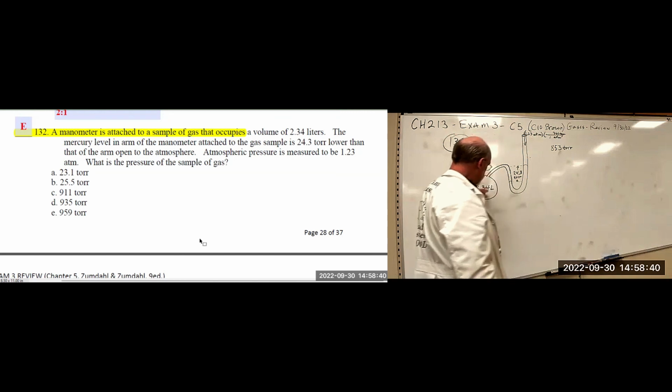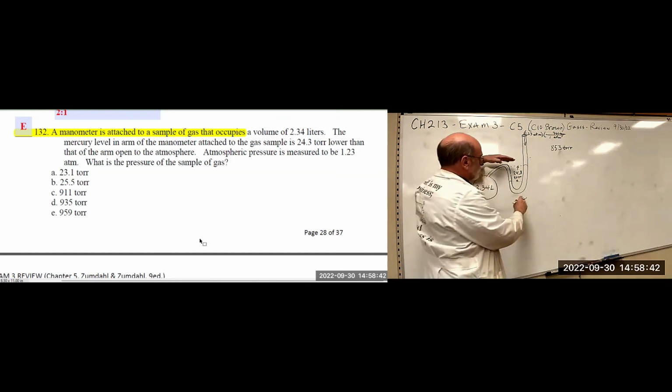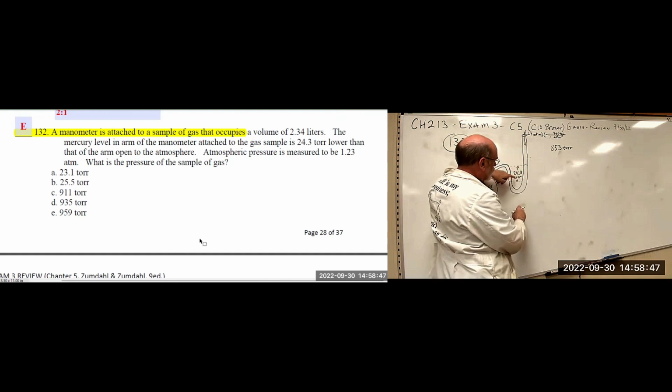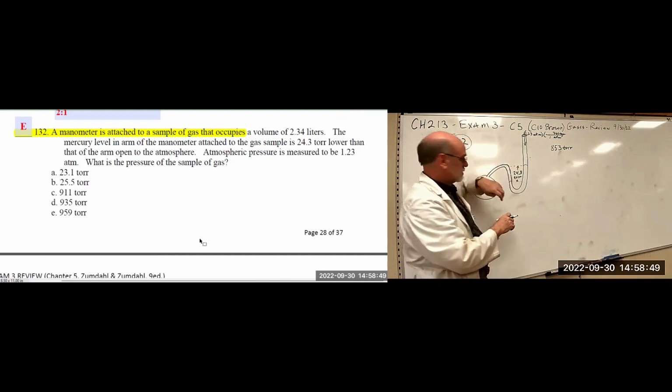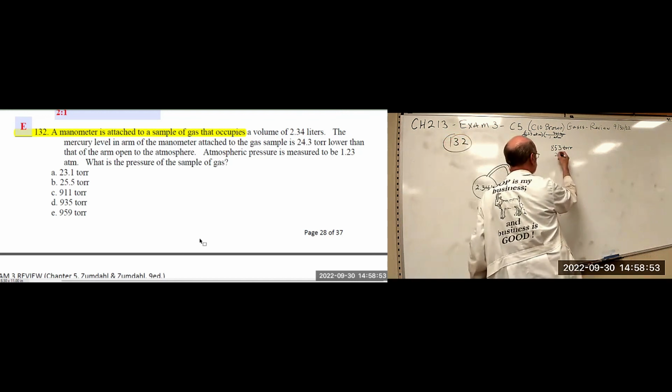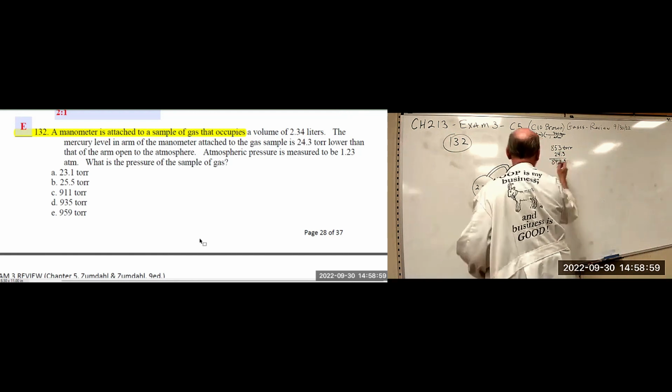But there's enough pressure inside this vessel to not just match that pressure, but to exceed it by 24.3 torr. It pushes this side down further. 877 torr.